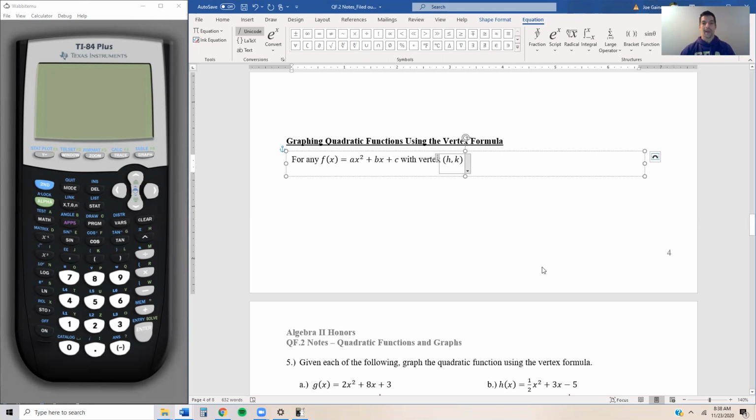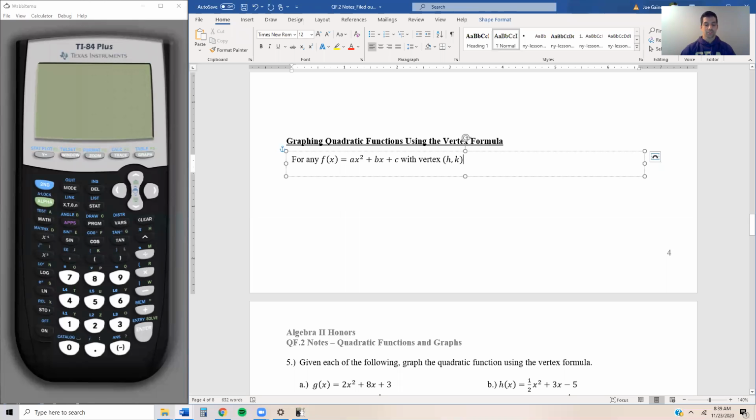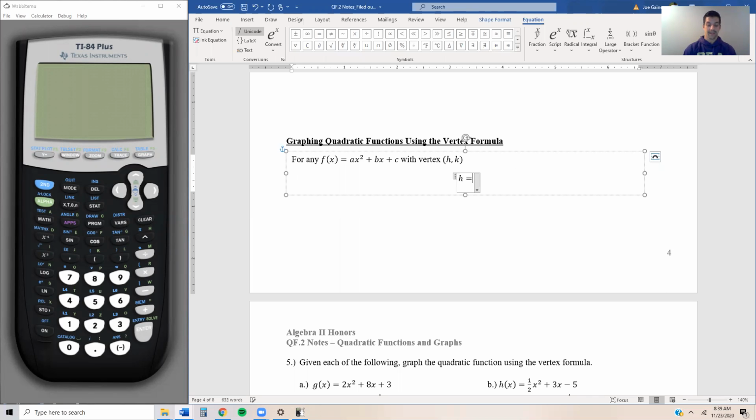So if we have a quadratic function and it has the vertex hk as we normally label it, h can be found by using an equation. h is going to be equal to negative b over 2a. This is kind of like a portion of the quadratic formula. It's just the negative b part over the 2a part.